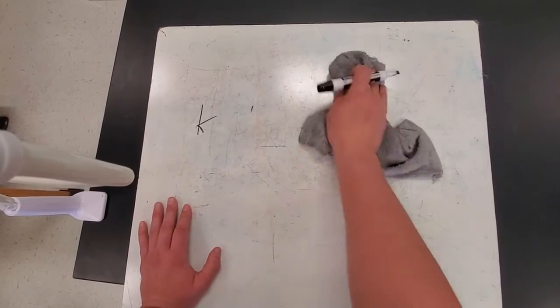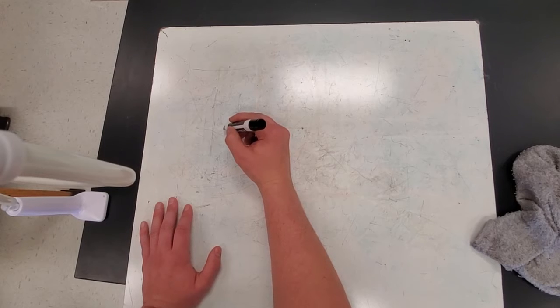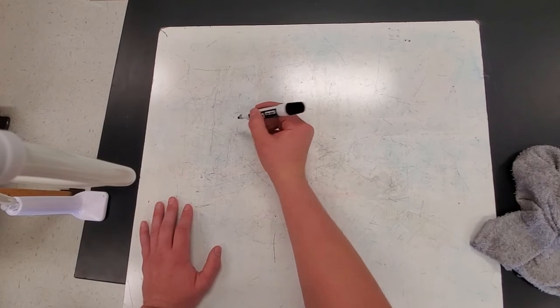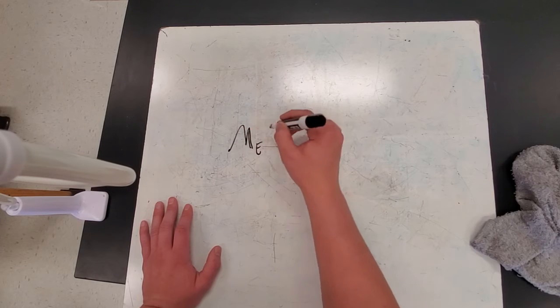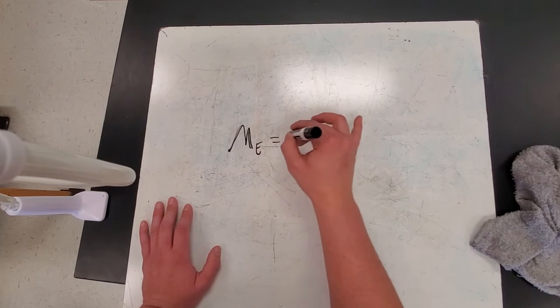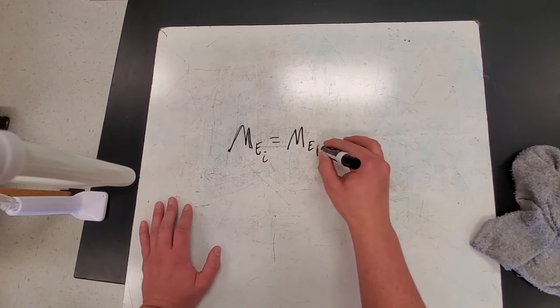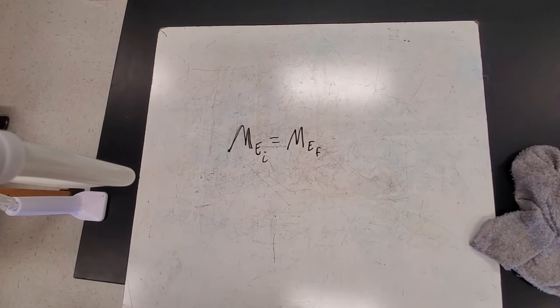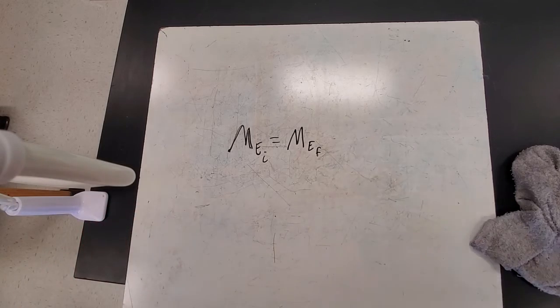So how do these two relate? Well, what technically is the truth is the mechanical energy of a system in the initial state is equal to the mechanical energy of a system in its final state. Now, we won't really talk about too many other different types of energy, but mechanical energy is basically moving something from one area to the next.